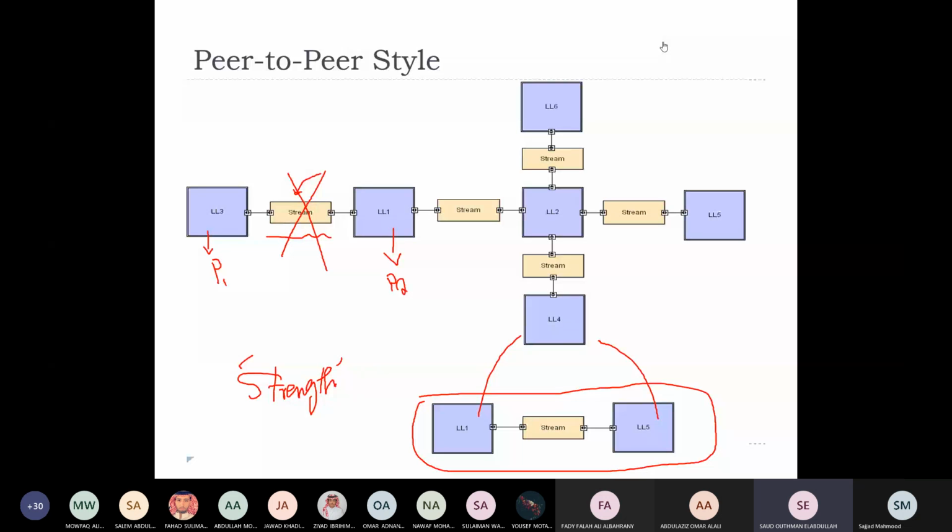But here, you might go through point C. Like if you want to send a message from L3 to L2, you need to go through L1. I think this is the difference. Yes, you're absolutely right. They're quite different, and there are many different levels where they're different. And they are different styles. Absolutely. Now, let's look at some examples, right?